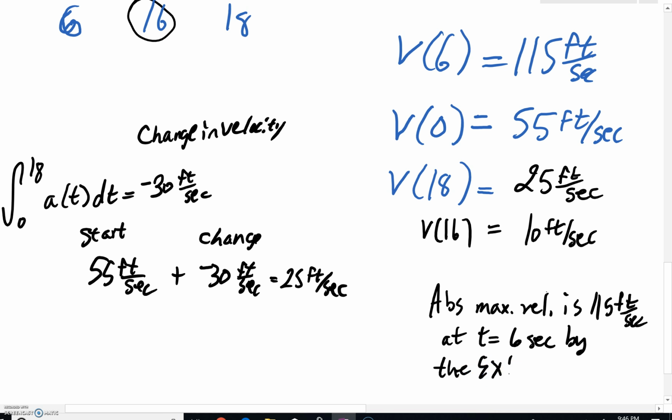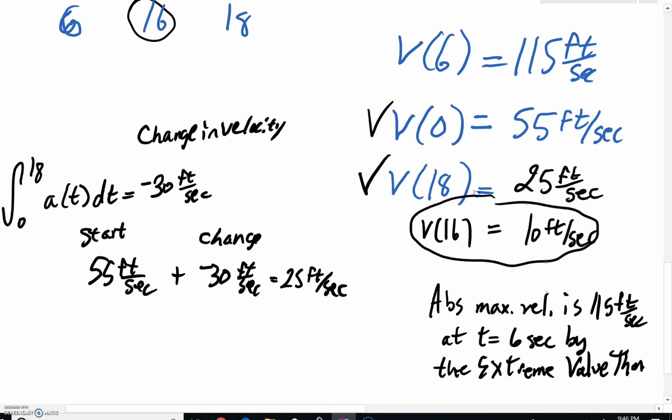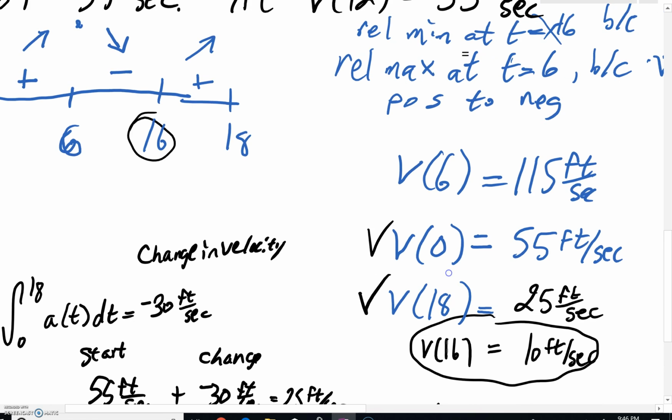When they say justify your answer, well, we've checked the endpoints of 18 and 0. We've checked also where our derivative is 0 at v of 6. We didn't even have to check v of 16 because we did do a number line. But I really liked finding this too, because now we can answer our last question.